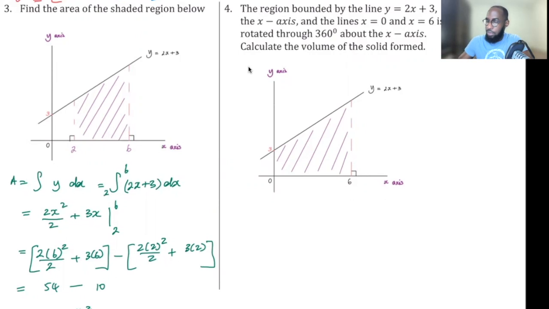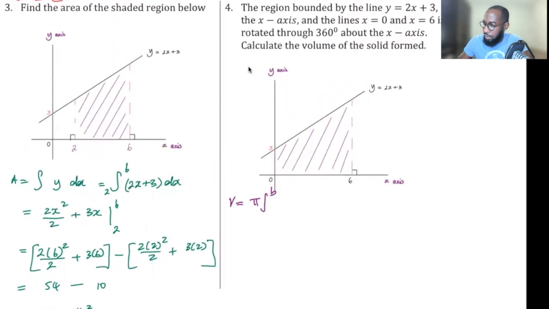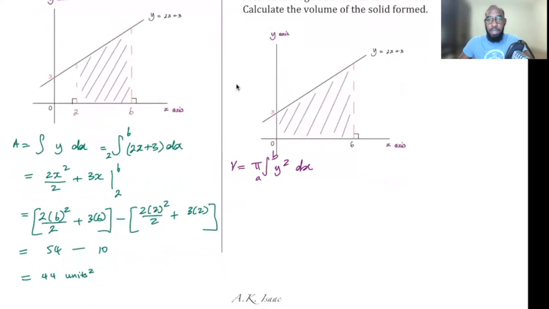All right, so the formula for finding the volume is pi integral b to a of y squared dx, right? These are the limits b and a. So now we just substitute: pi integral, with 6 and 0 as the limits, of y squared, which is (2x plus 3) squared dx.